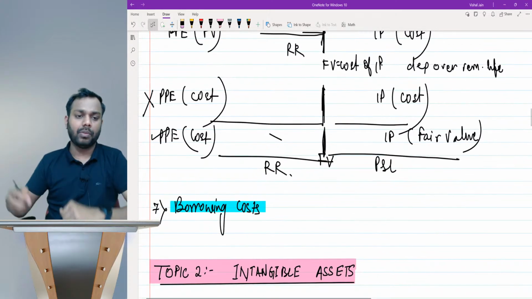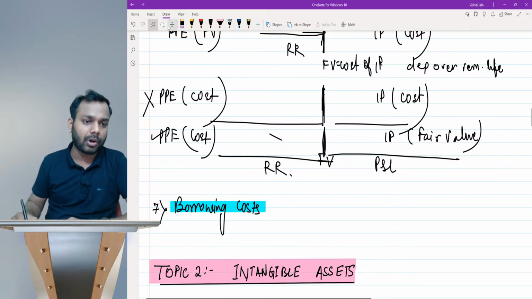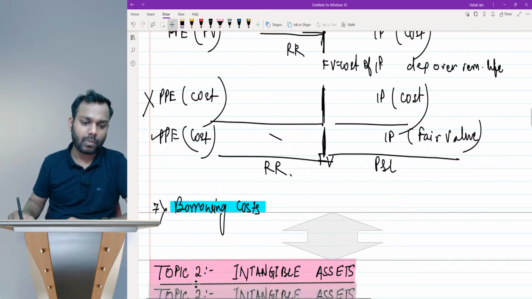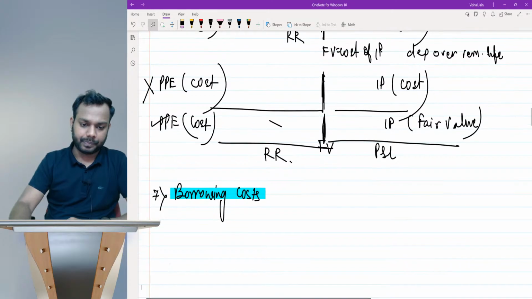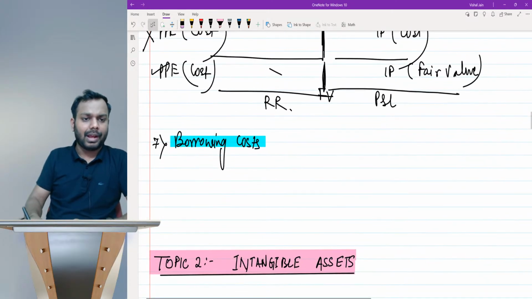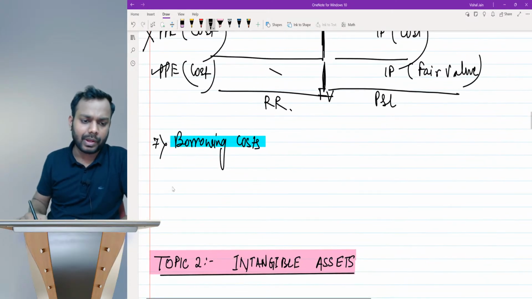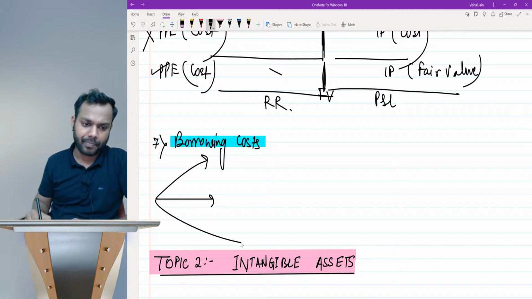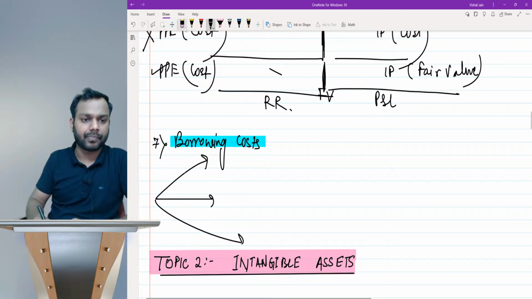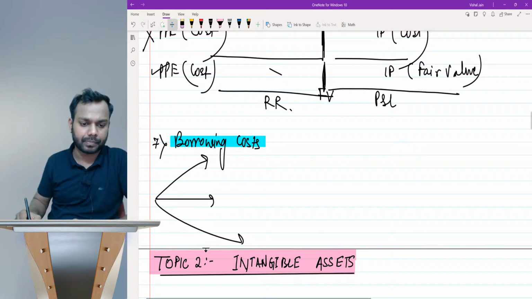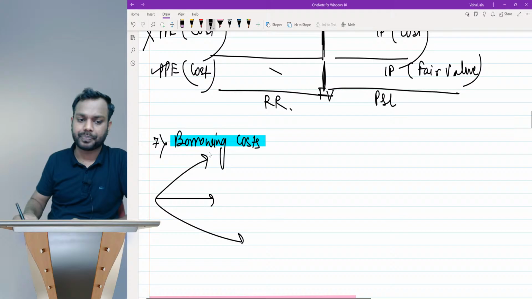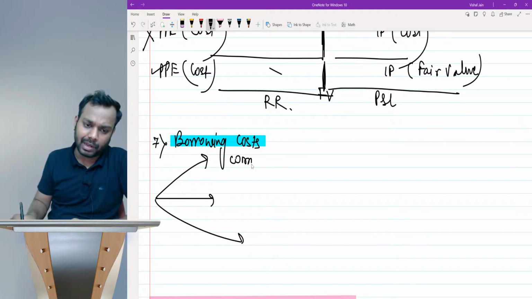Okay. Now coming to borrowing costs. In borrowing cost, if you remember, in the class we discussed three things. One, when can the capitalization of borrowing costs commence?